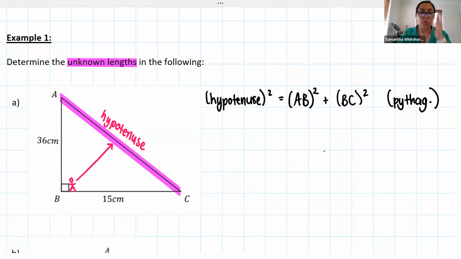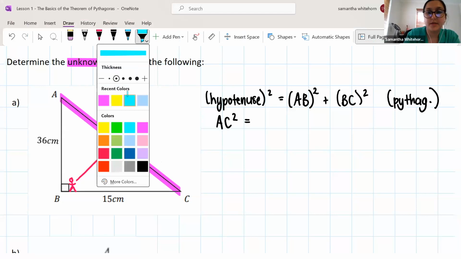So once we know what we're working with, we can now start to substitute in. Now, I don't know what my hypotenuse is. We can say it's AC squared because that is the label for my hypotenuse, but we don't know its value. However, we do know what AB's value is.